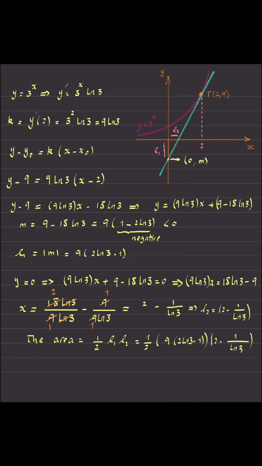Okay? Yeah, there is nothing we can do more. So if you want, you can write it as 9 over 2 ln of 3 minus 1, and then 2 minus 1 over ln of 3. Okay, so this is the answer to this problem.